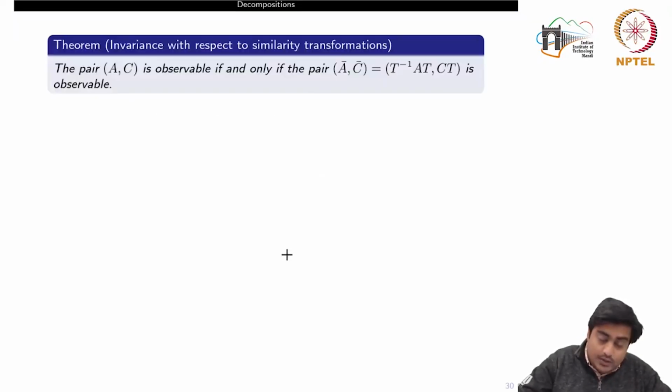The pair A, C is observable if and only if the pair A bar, C bar is observable, where A bar and C bar are related to matrices A and C with this similarity transformation matrix. This is equivalent to saying that observability is invariant under any similarity transformation.